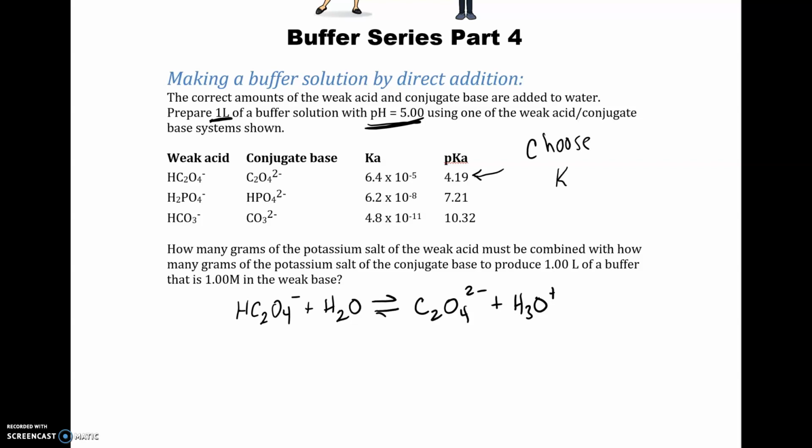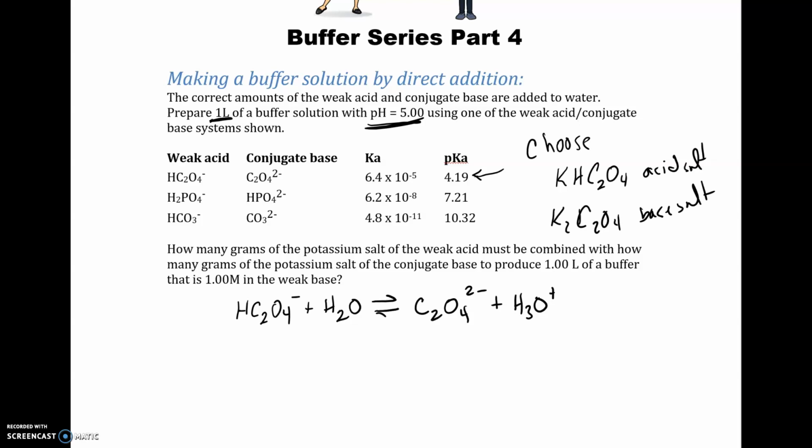So that's ultimately going to be KHC2O4, and this is something you might be able to find in your stockroom, where you won't find a bottle of ions. That's going to be our acid salt, and K2C2O4 will be our base salt.